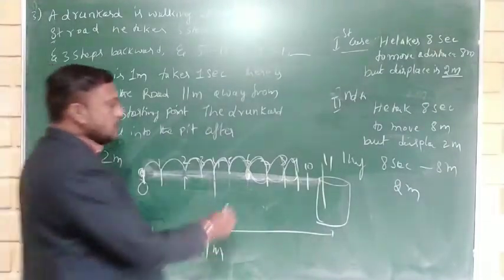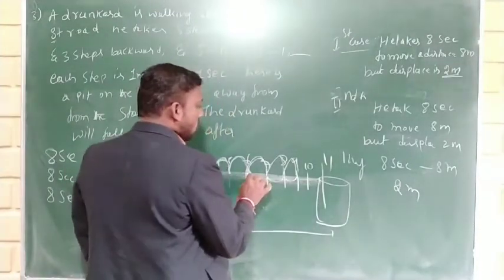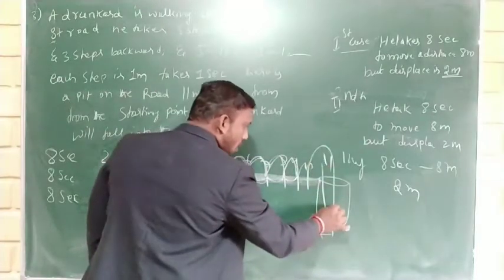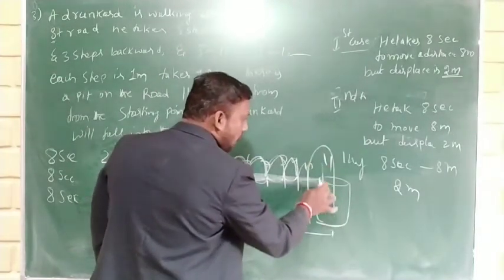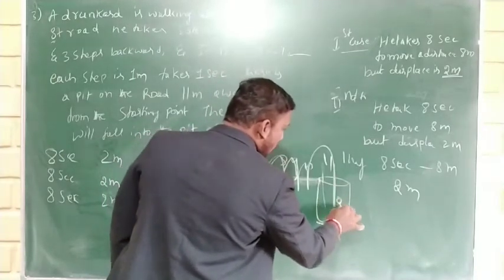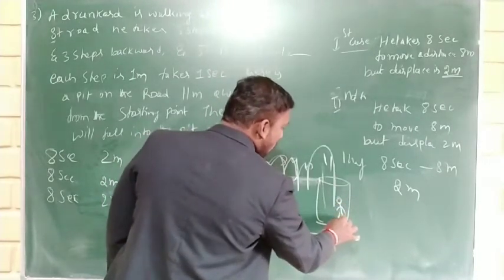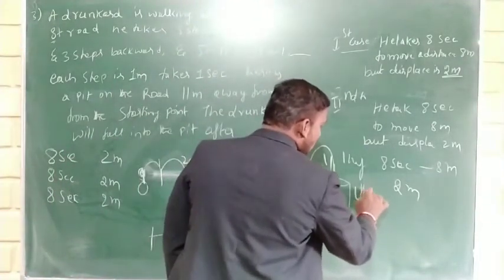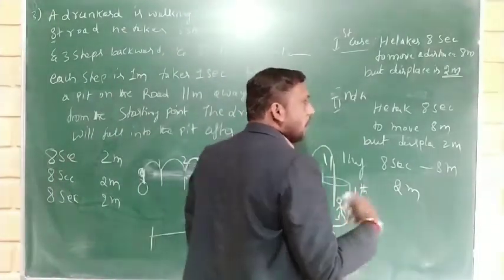Clear? From this point, he moves forward 5 steps, 1, 2, 3, 4 and 5. At the end of 5 meter, he is in the pit. He falls inside the pit. Therefore, in the final fourth case, he moves 5 steps forward.